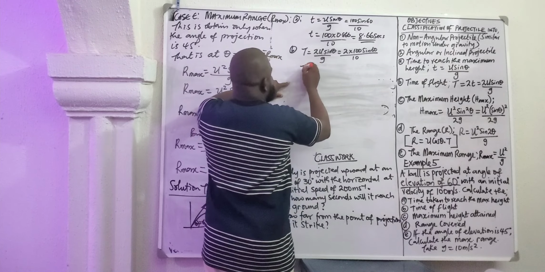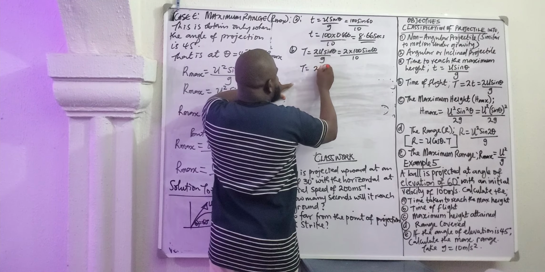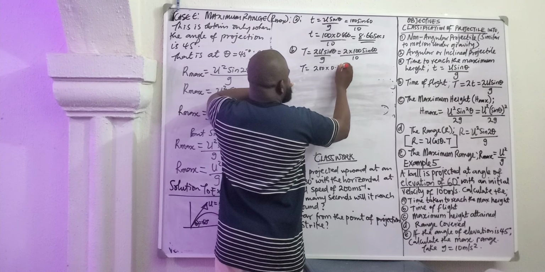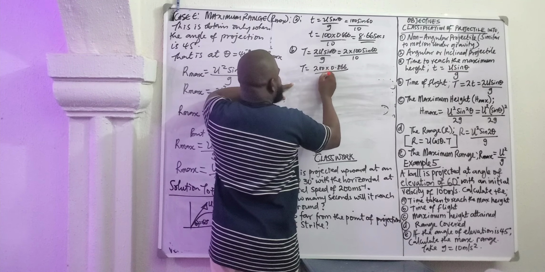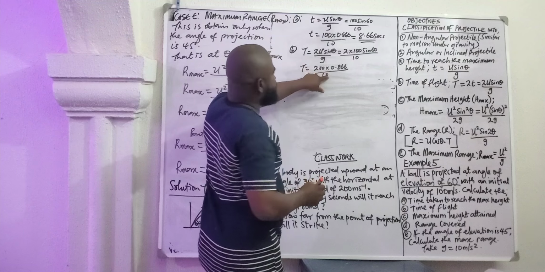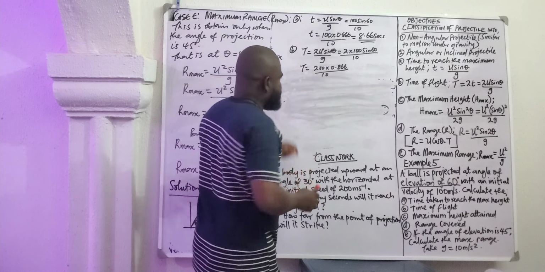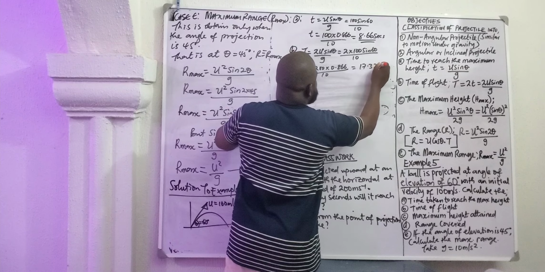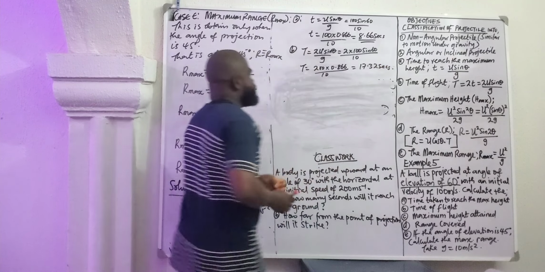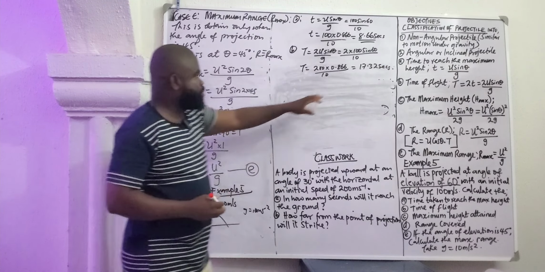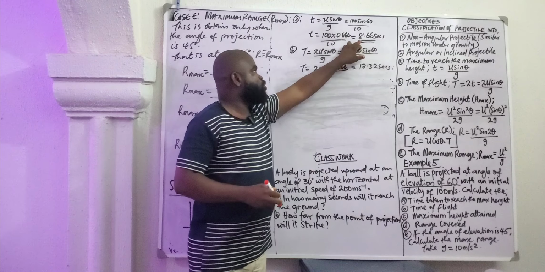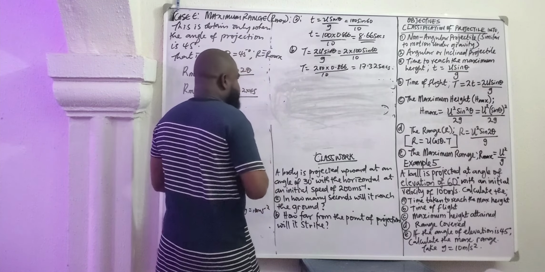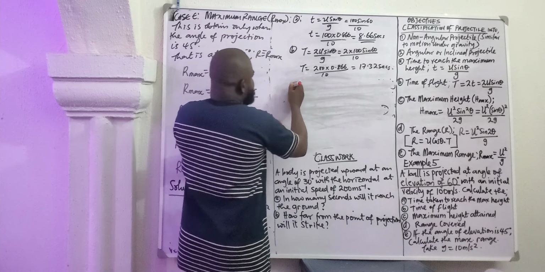This gives us T equals 200 times 0.866 over 10. 0 cancels 0, that's 20. 20 times 0.866 will give us 17.32 seconds as the total time. Once again, we could have obtained it by just simply multiplying small t by 2. That gives us the total time or time of flight.